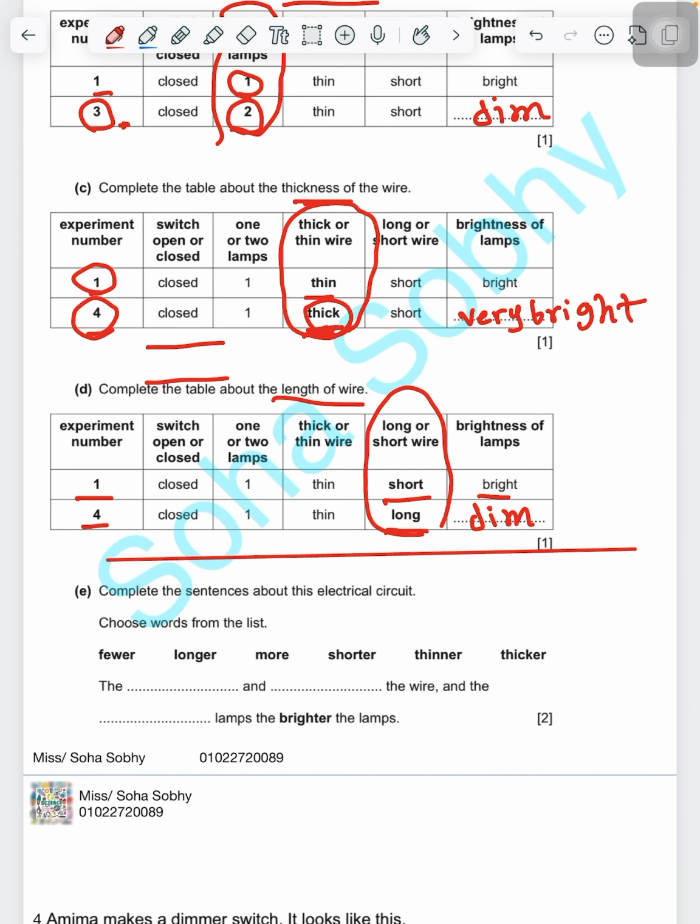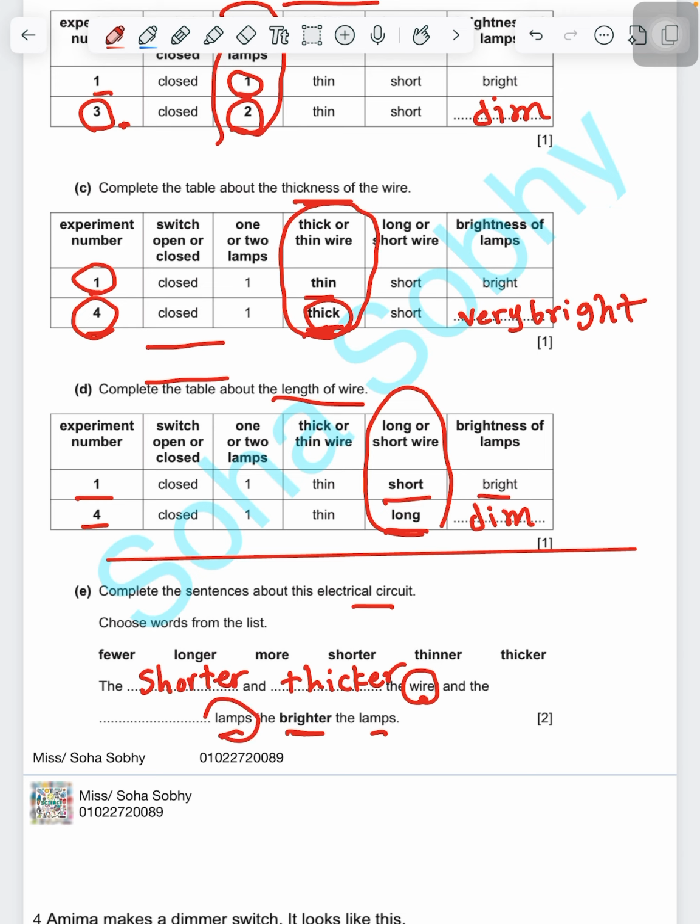This is a conclusion for what we said. Complete the sentences about the electrical circuit. Choose words from the list. The wire and the lamps. We said if the wire is shorter and thicker, the lamp will be brighter. So about the wire we will write shorter and thicker.